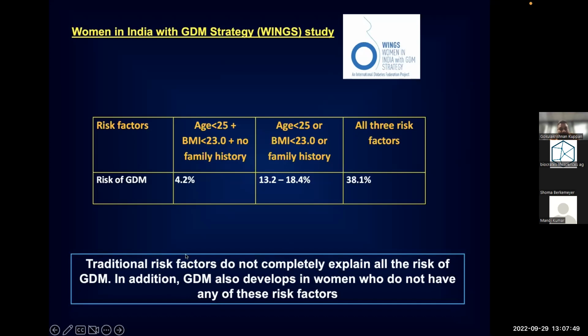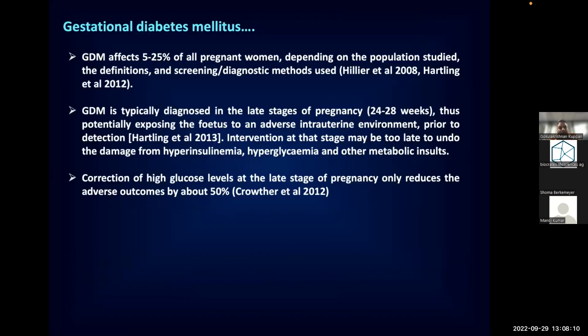More importantly, GDM also develops in women who have none of these traditional risk factors, like age less than 25, BMI less than 23, and no family history. Still they develop GDM. So what is happening in our physiology? No idea. Let us move forward.